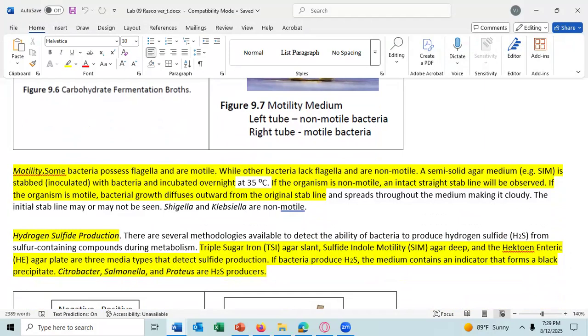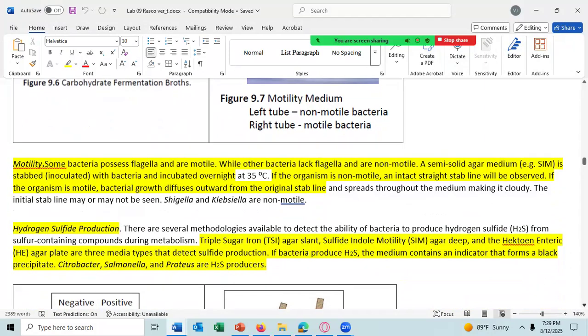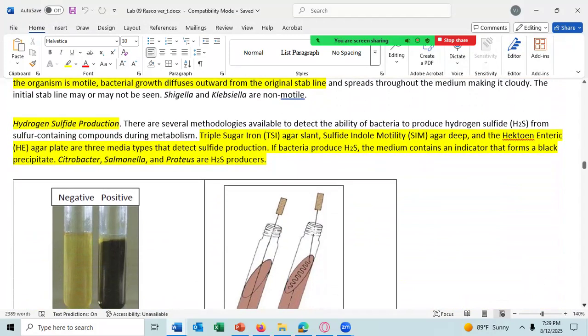All right, let's move on to the hydrogen sulfide test. This test is looking at the production of hydrogen sulfide. If hydrogen sulfide is made, then the tube will turn black. You can test for hydrogen sulfide production in the triple sugar iron or TSI test, in the sulfide indole motility or SIM test, and on Hektoen enteric agar or HE agar plate tests.